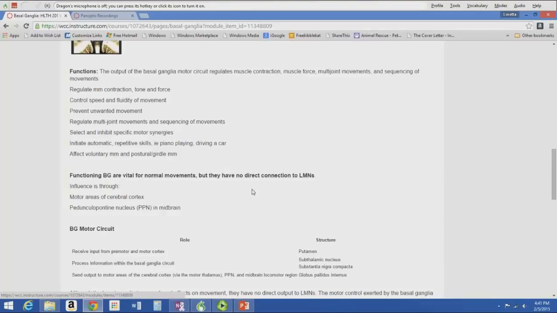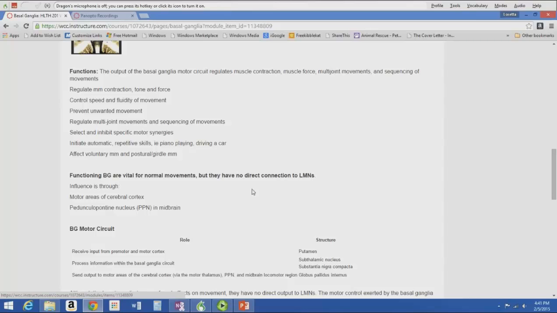So the functioning basal ganglia are vital for normal movements, but they do not have a direct connection to lower motor neurons. They influence through other areas by being part of that inhibitory cycle.